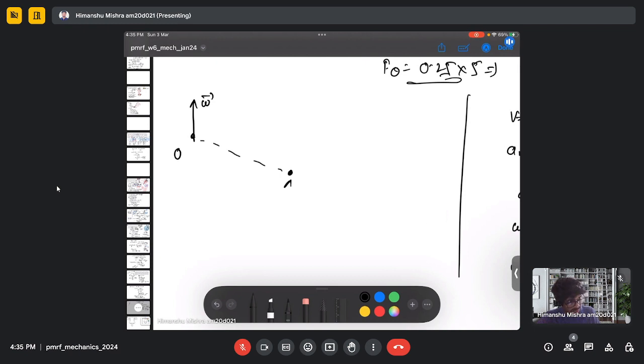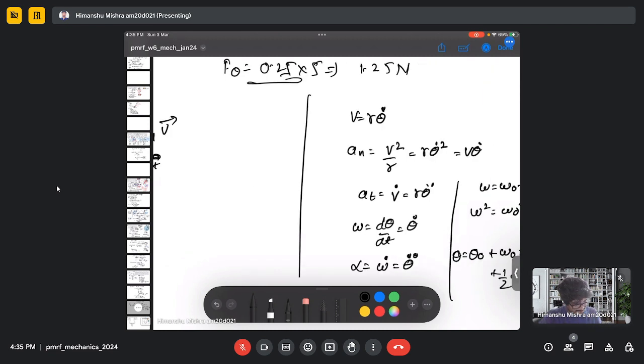There is a point A which is rotating. Now this is your component of acceleration in the normal direction, and here is the acceleration in the tangential direction. Now your velocity can be written as omega r, or since omega is theta dot, it will be theta dot r, which is exactly this relation.